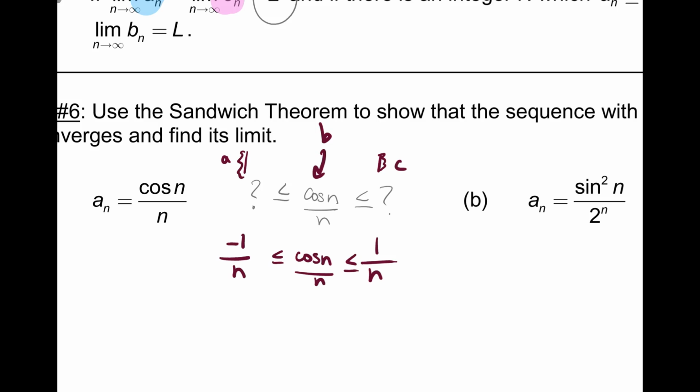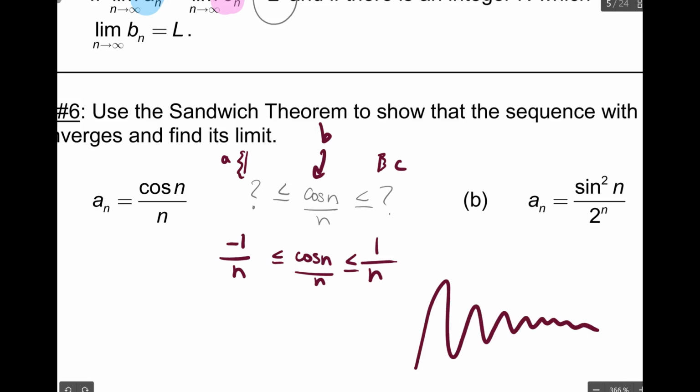If n is equal to 1, then -1 is less than or equal to cosine of 1, which is less than or equal to 1. That's true. What about when n is 5? -1/5 is less than or equal to cosine of 5 over 5, less than or equal to 1/5. So I'm sandwiching it in, because the over n portion makes it smaller.